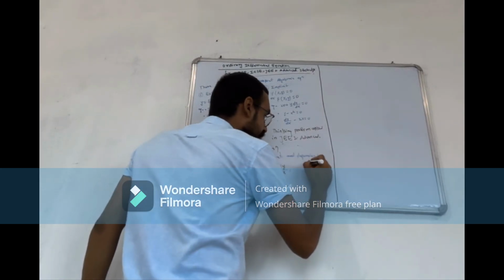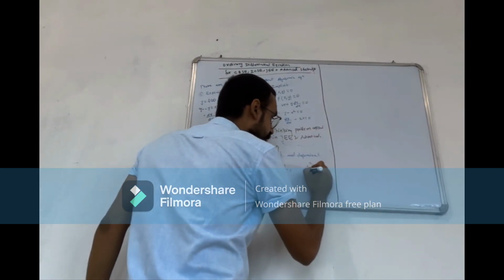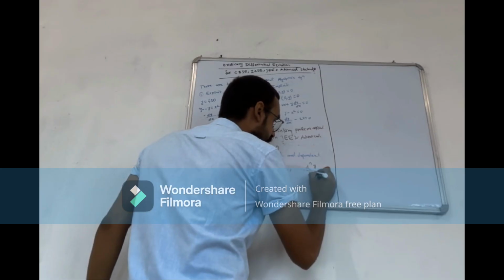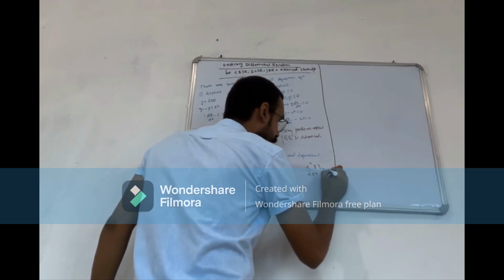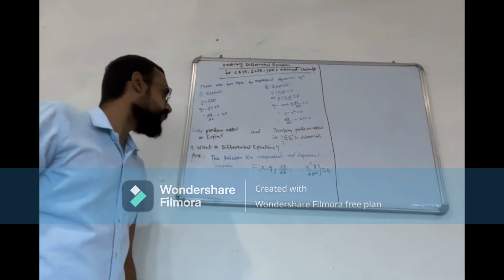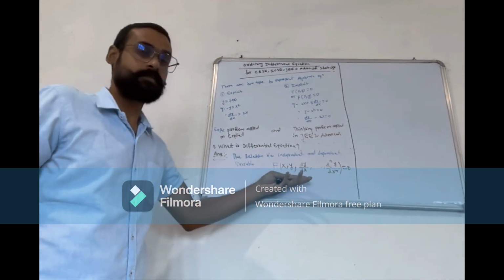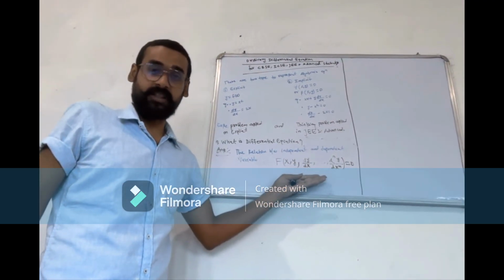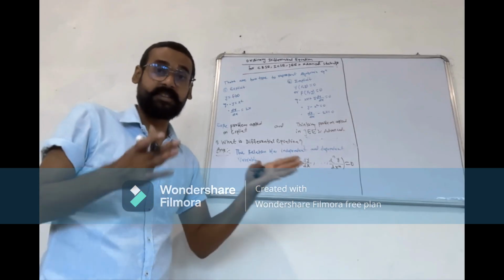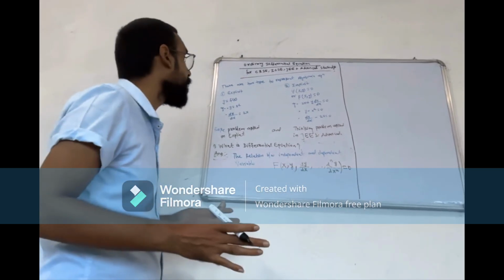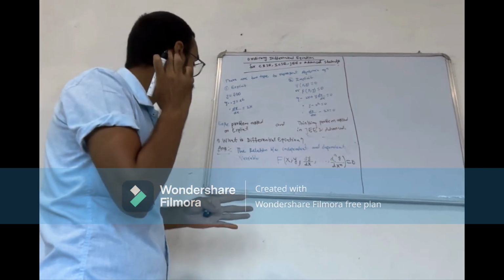Relation up to d^n y by dx^n is equal to 0. If we have this type of relation in our equation, then we can say that this is a differential equation.